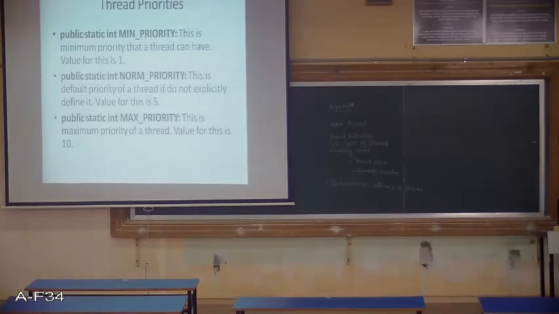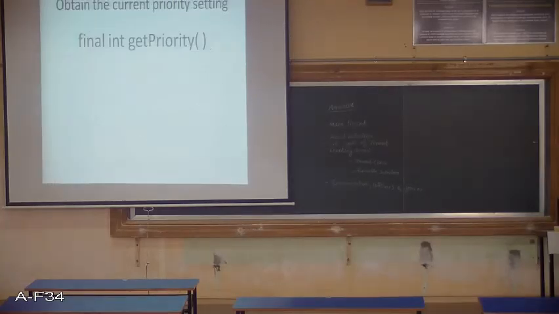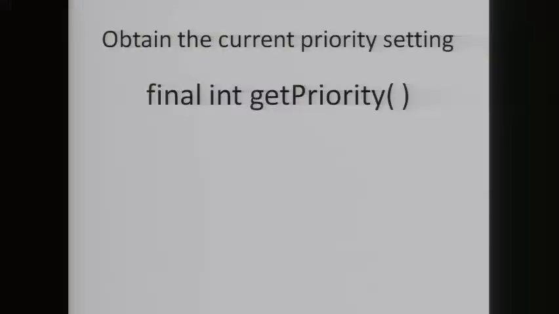And see that these priorities are defined as static final variables within Thread. And you can obtain the current priority setting by calling the getPriority method of Thread. So here you can see that we are using getPriority.